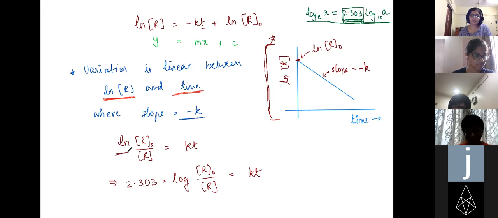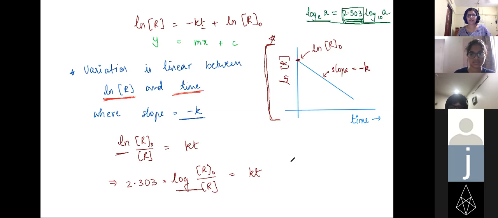So natural logarithm को मैंने regular logarithm में convert किया. Okay. So again, mathematically, once you rearrange it, instead of natural logarithm, you'll get it in terms of regular logarithm. This is the equation that you're going to get.